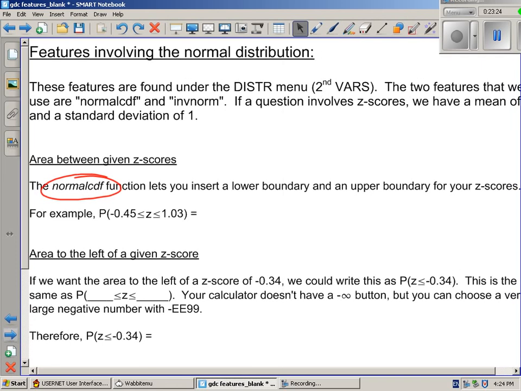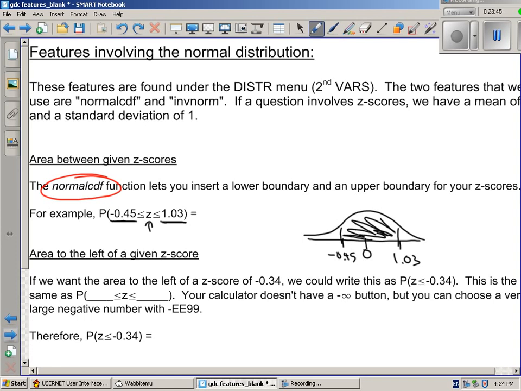So if I want the area that is between negative 0.45 and 1.03, and we're talking about z-scores, then that must be on the standard normal curve, which has a mean of 0, this area between 1.03 and negative 0.45. I might shade it in.